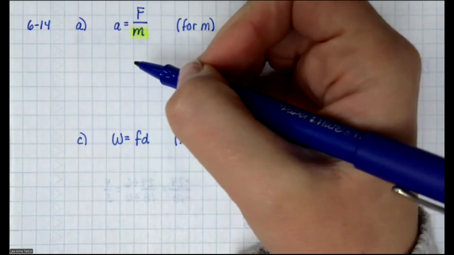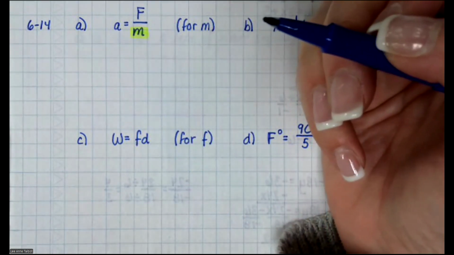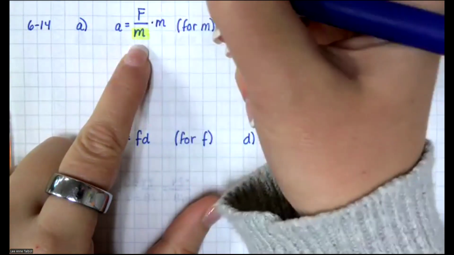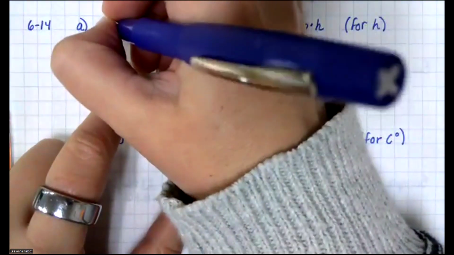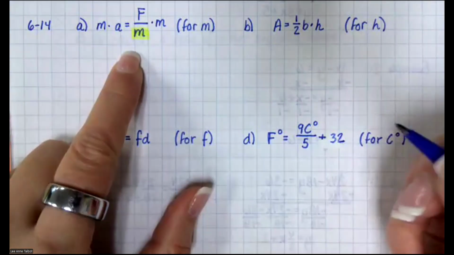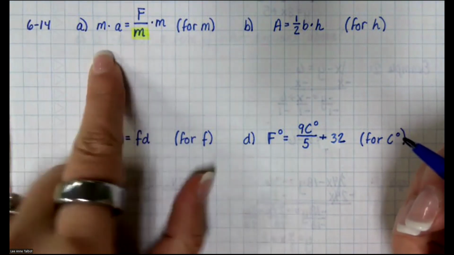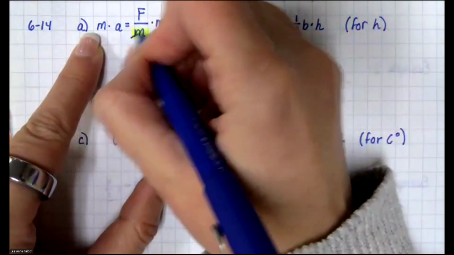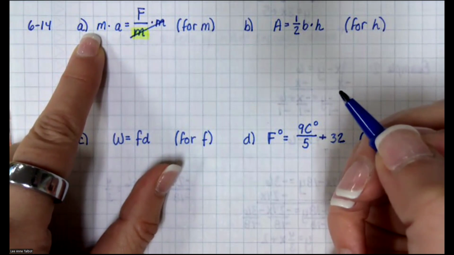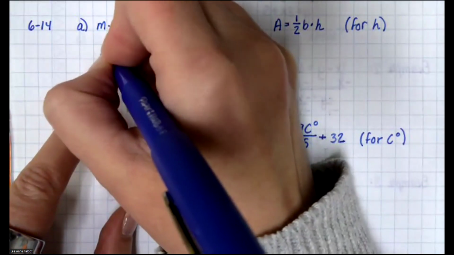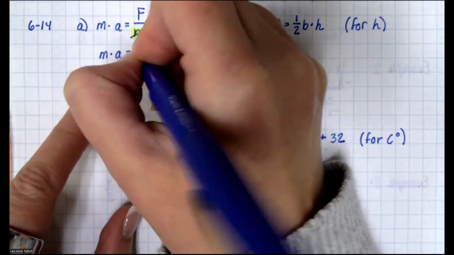What operation undoes division? Multiplication. And when you multiply, you want to multiply both sides by the bottom. And whatever you do to one side, you have to do to the other. And then those two will cancel because M over M is 1. And you have M times A equals F.